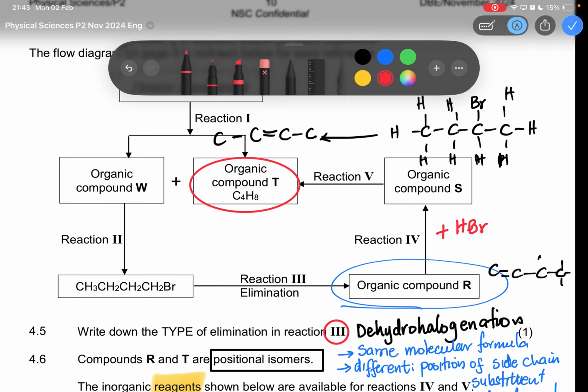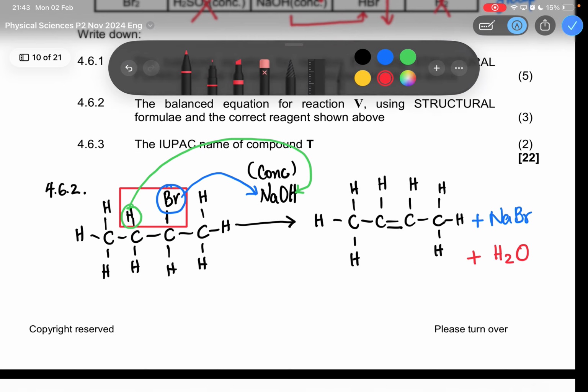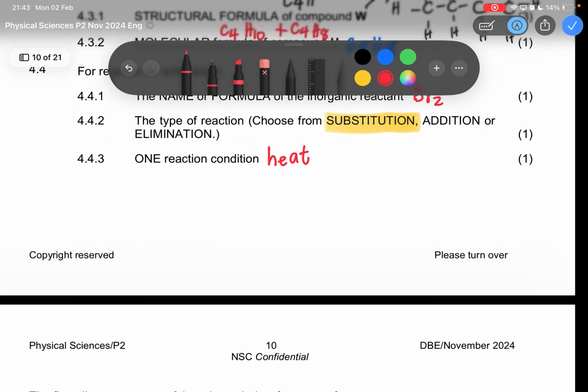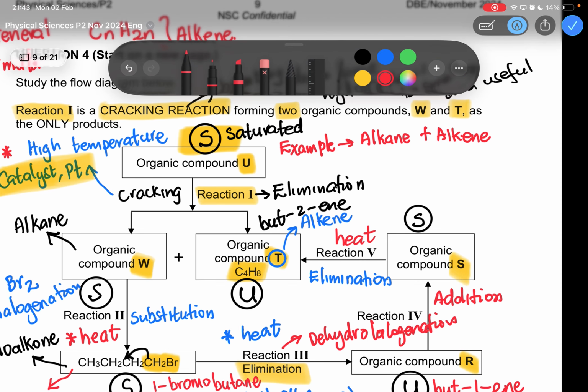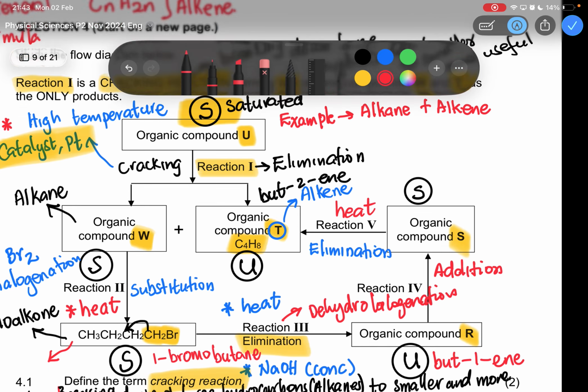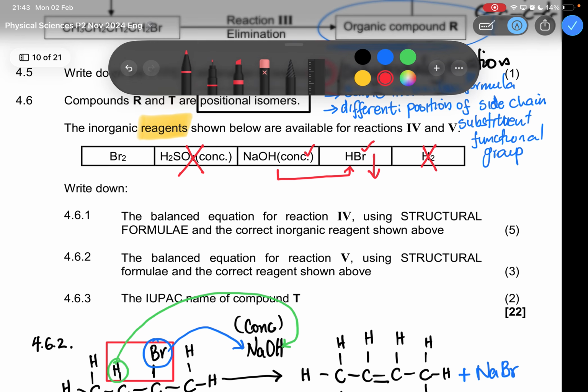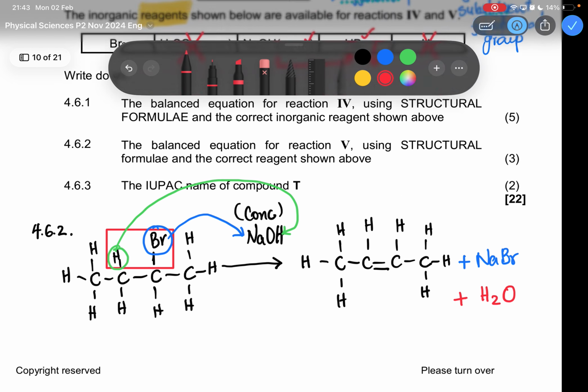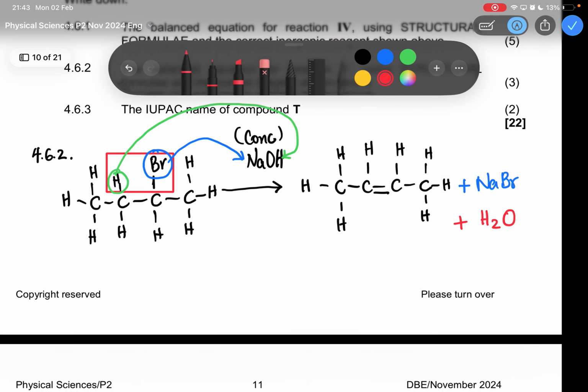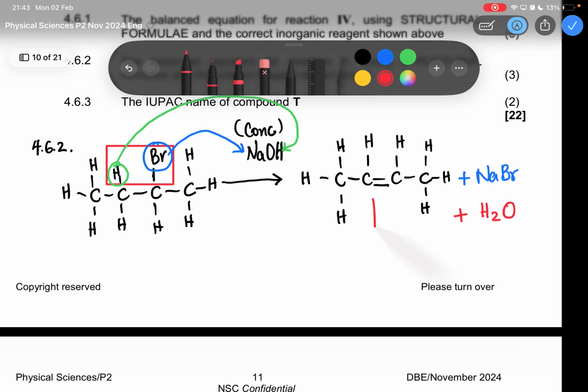So now that you know that it is a positional isomer, the possible IUPAC name, I think I gave you there, is but-2-ene. The possible IUPAC name of this. So 4.63, the IUPAC name is but-2-ene.